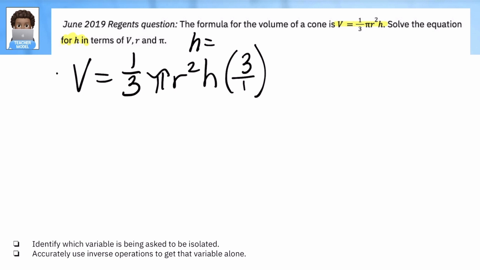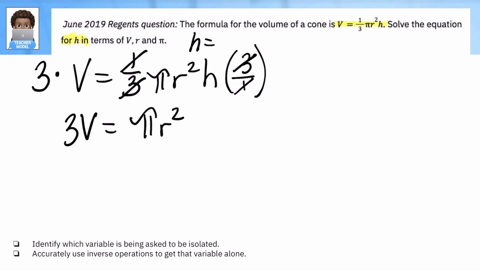And that means I'm going to do the same thing on the other side. I'm going to multiply both of these by 3. So now I have 3V, and that way these will cancel out, is equal to pi r squared h. All right. I want to get rid of the pi r squared. These are all being multiplied.